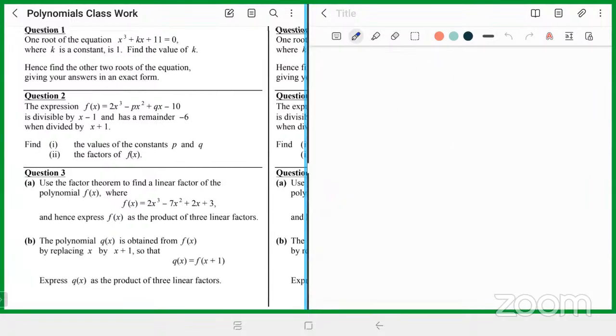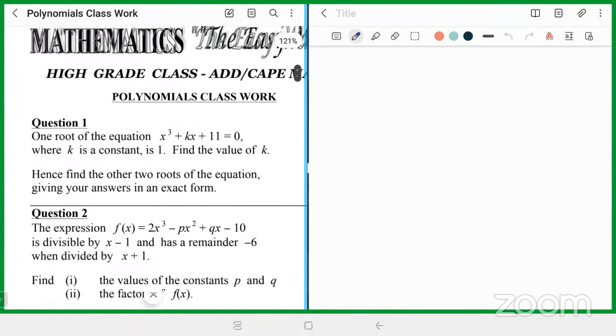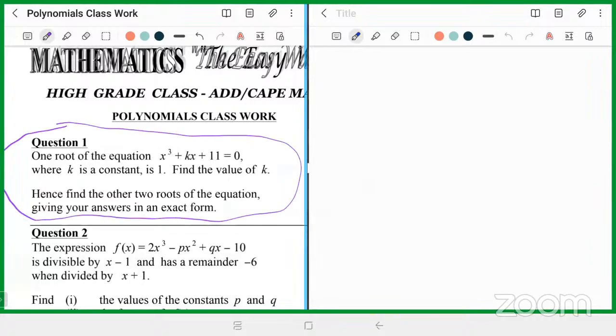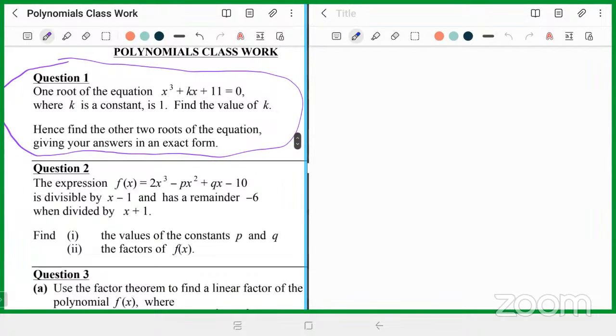So this first question right here. It gives us a root. It says one root of this equation, where k is a constant, is 1. So since that root is 1, it means that we can fit that value of 1 for the x.